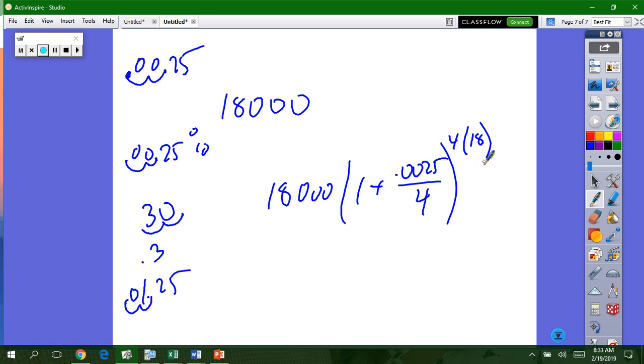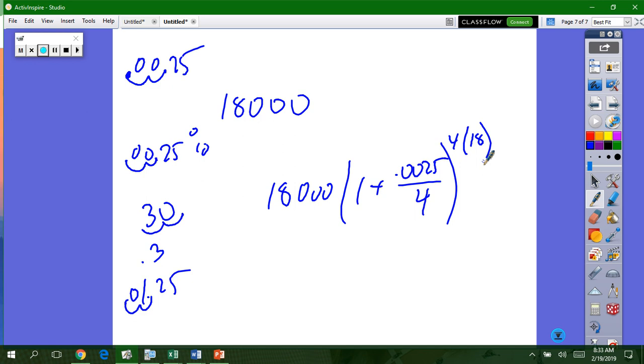So it's 0.25, right? Makes sense? Just like if I have 30%, here's my decimal, so what do I need to do? 1, 2. So isn't that 0.25? Isn't that equivalent?